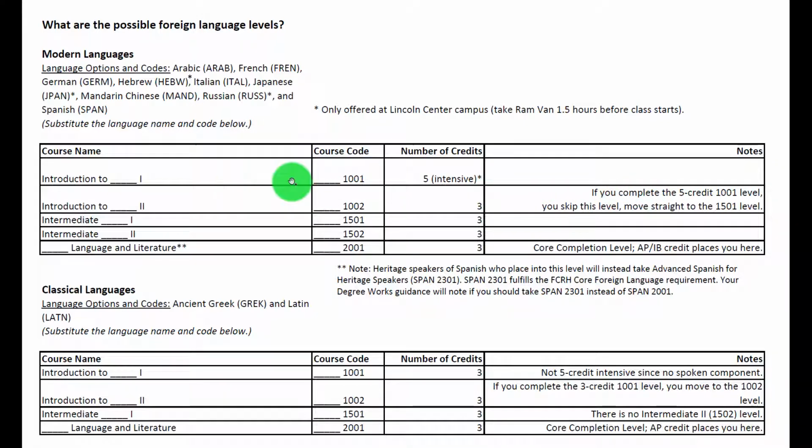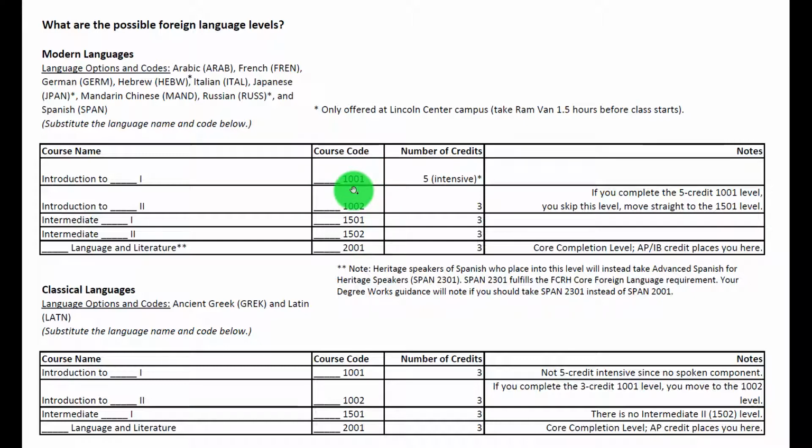So if you were to take the 1001 level of any of these modern languages in the fall semester, in the spring you would then move to the Intermediate 1 level. So if you took French 1001 in the fall, you would then take French 1501 in the spring, as long as you successfully completed 1001.